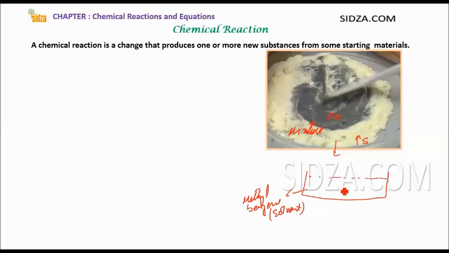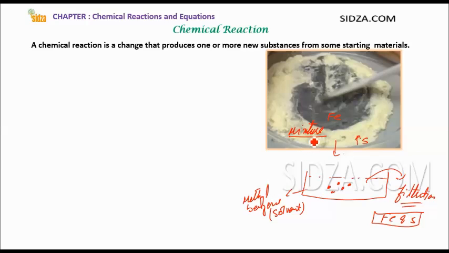Sulfur will dissolve in it and the iron is actually insoluble and iron particles will remain there, and after that you can just filter. After filtering, right, by simple filtration you can separate the iron and sulfur. So that means once you mix the iron and the sulfur, you don't get a new compound, you get a mixture. So this is not a chemical reaction.